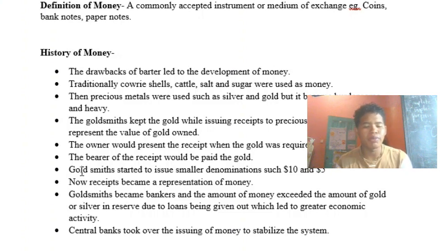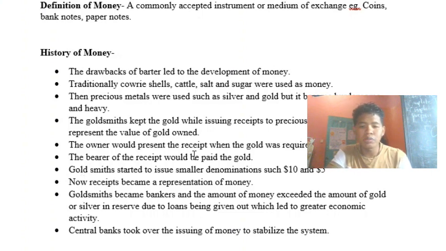We needed something better. The goldsmiths kept the gold while issuing receipts to precious metal owners to represent the value of gold owned. Then the owner would present the receipt when the gold was required. The bearer of the receipt would be paid the gold.